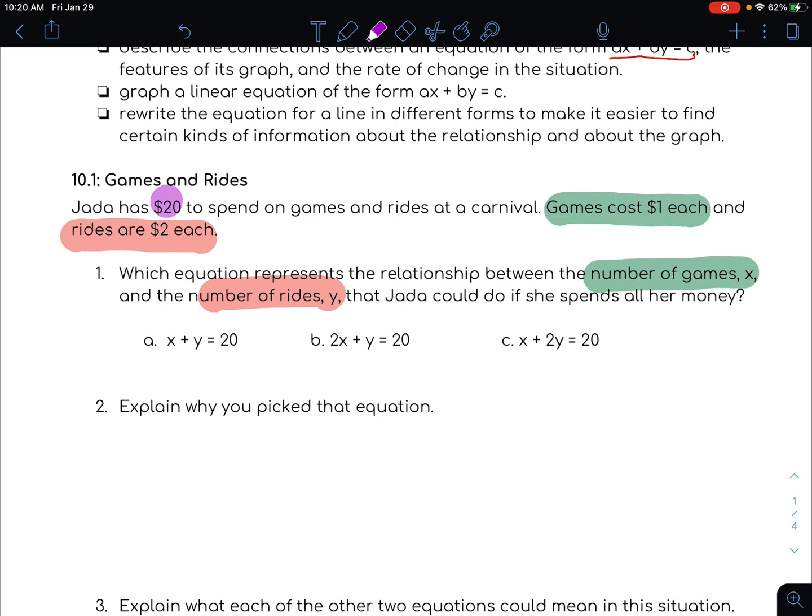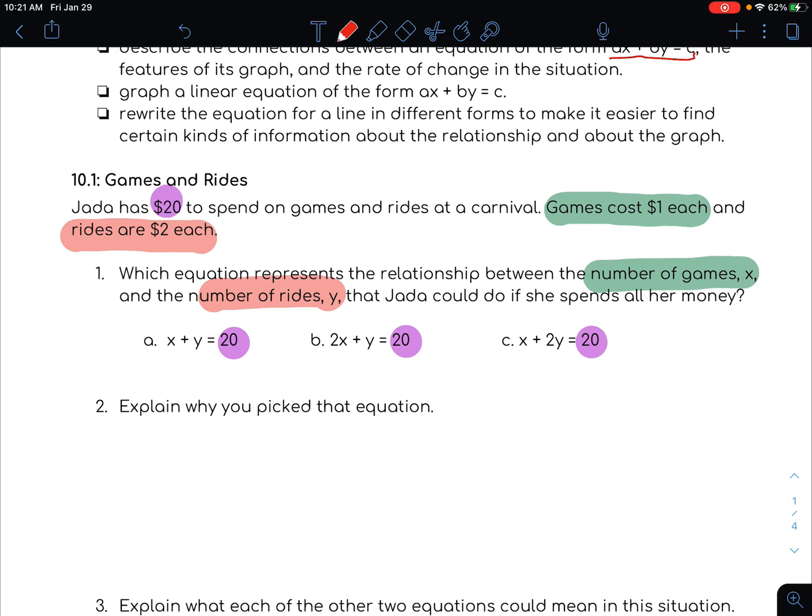So you'll notice that each one of these equations ends with that 20. But let's be thinking about which equation also represents the other parts, where the games cost $1 each and the rides cost $2 each. So $1 per game and $2 per ride.